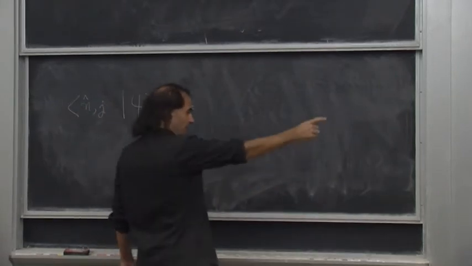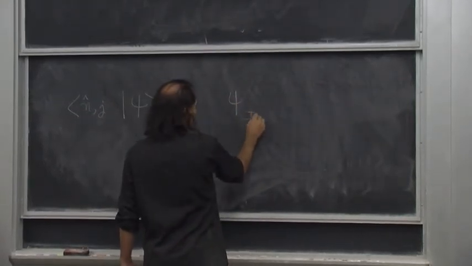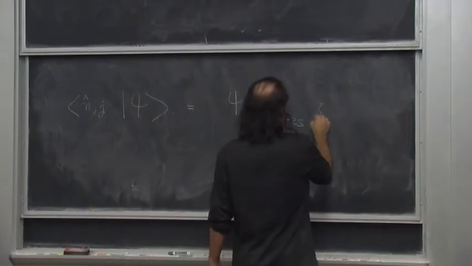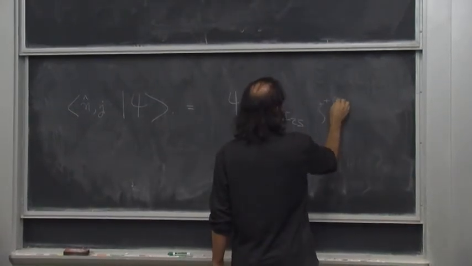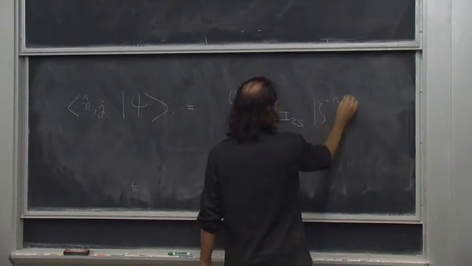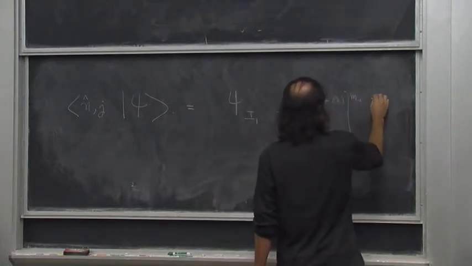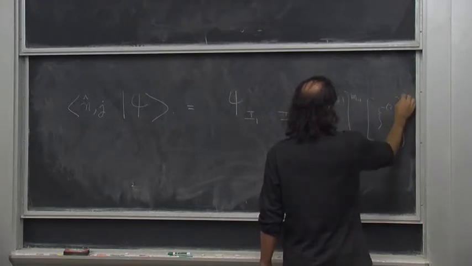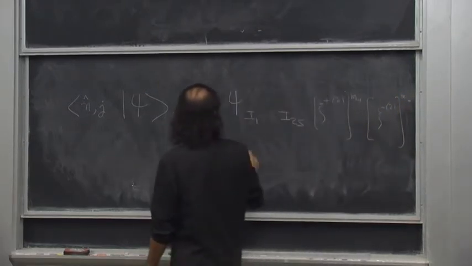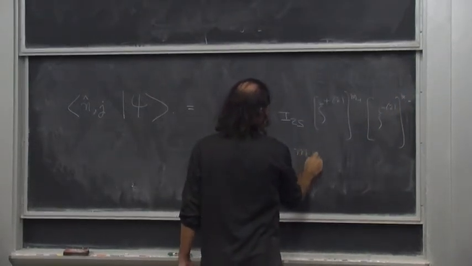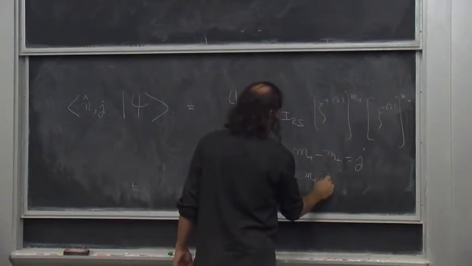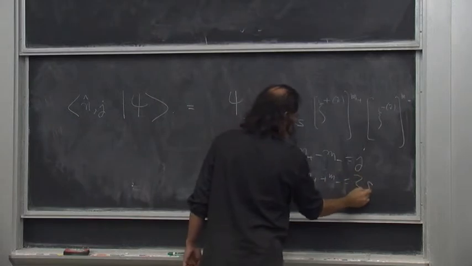Then in this language, it's just a contraction of this psi I1 through I2s with zeta plus in the n hat direction to the m plus, and zeta minus in the n hat direction to the m minus, with m plus minus m minus equals j, and of course m plus plus m minus equals 2s.